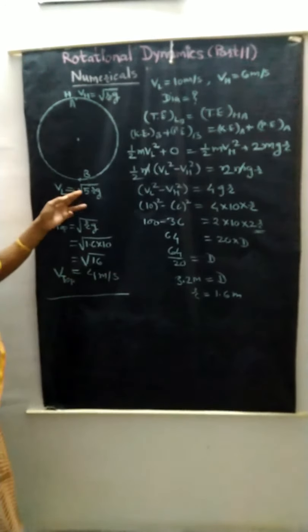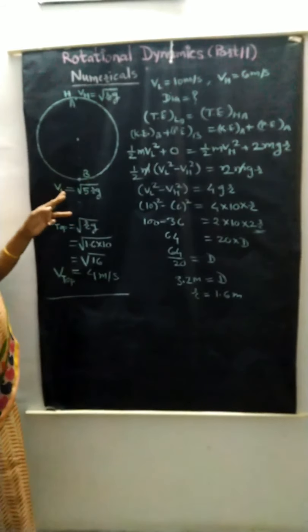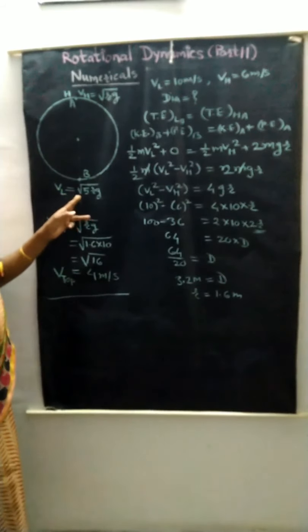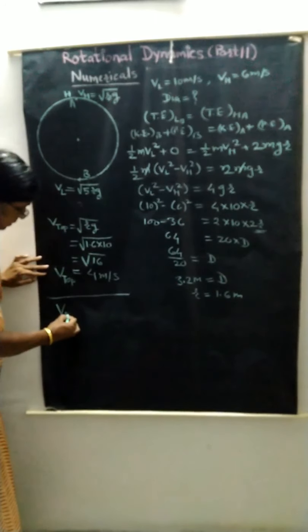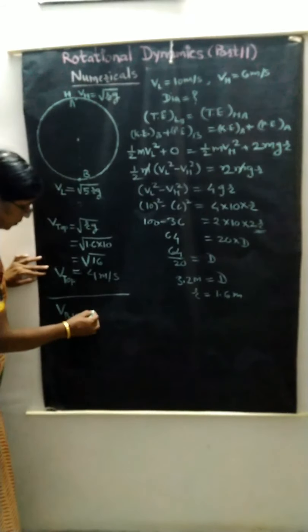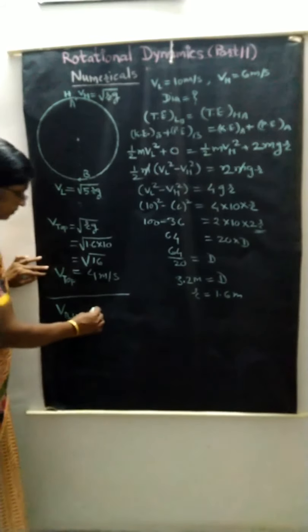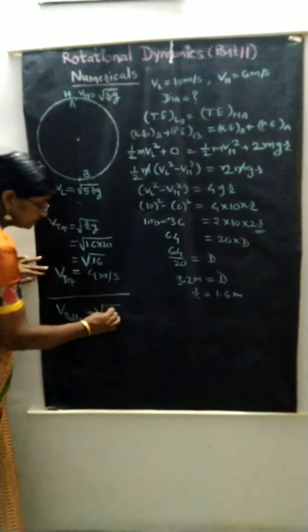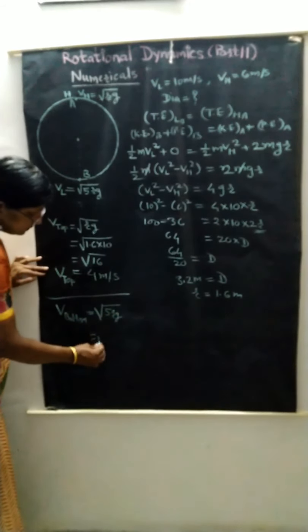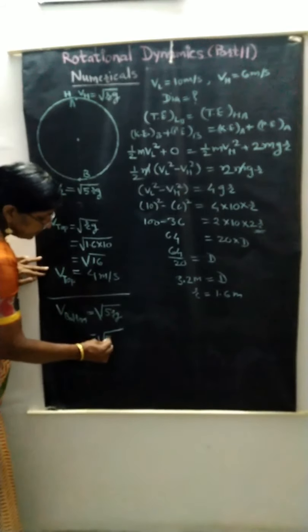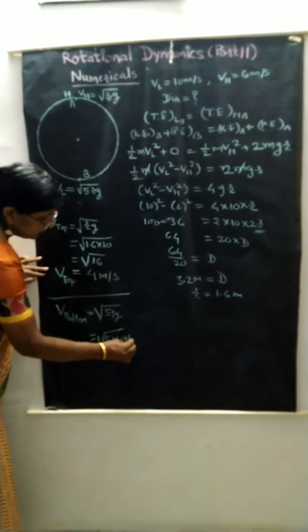Now at the bottom point, the minimum speed must be under root 5 Rg. So V bottom is equal to under root 5 Rg, and it is equal to under root 5 times R is 1.6 into 10.